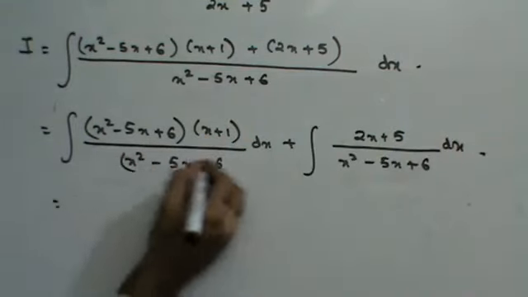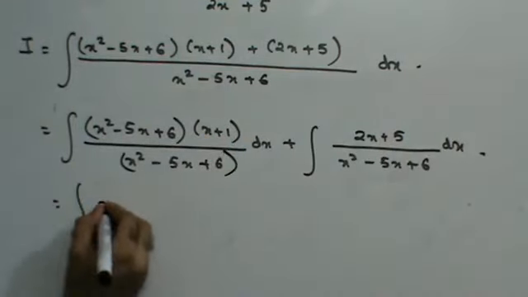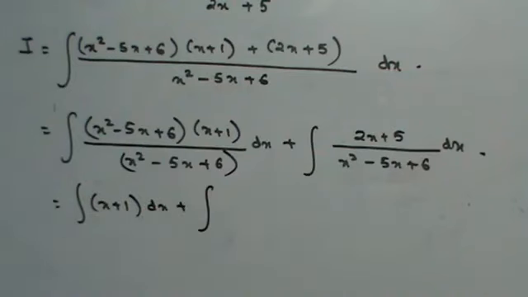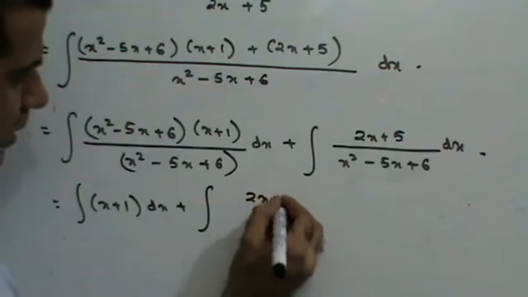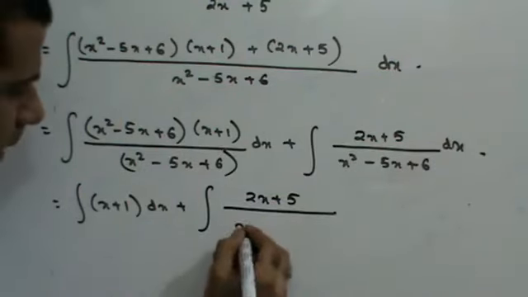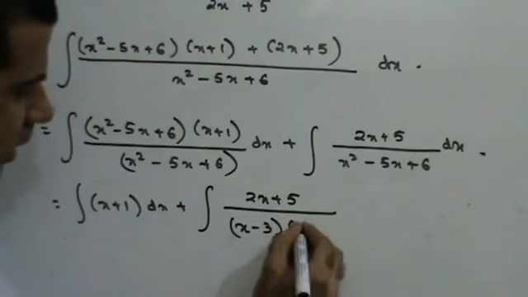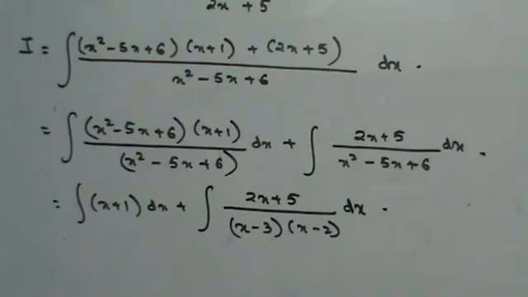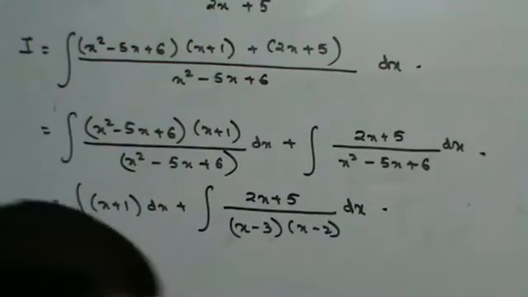This can be written as integral of x plus 1 dx plus integral of 2x plus 5. Factors of 6 are 3 and 2. x minus 3, x minus 2 dx. Right? Now let's leave that there for the timing.